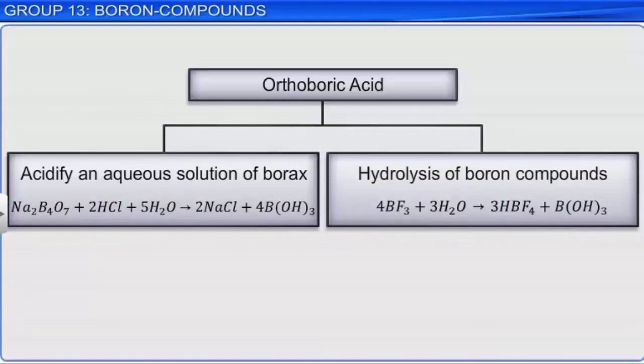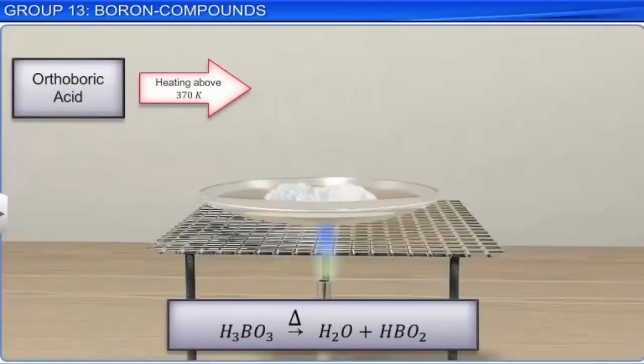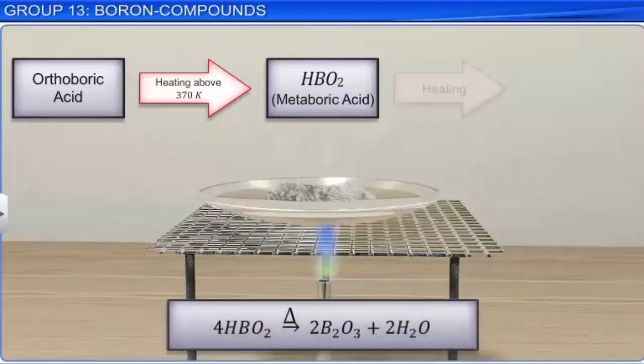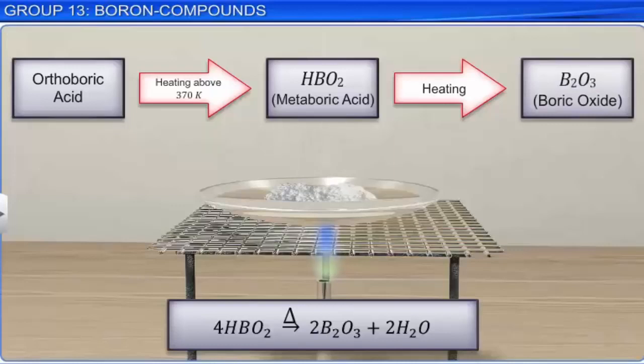For example, the reaction of boron trifluoride with water yields fluoroboric acid, HBF4, along with orthoboric acid. When heated above 370 Kelvin, orthoboric acid decomposes to form metaboric acid, HBO2. If metaboric acid is heated further, it will form boric oxide, B2O3.